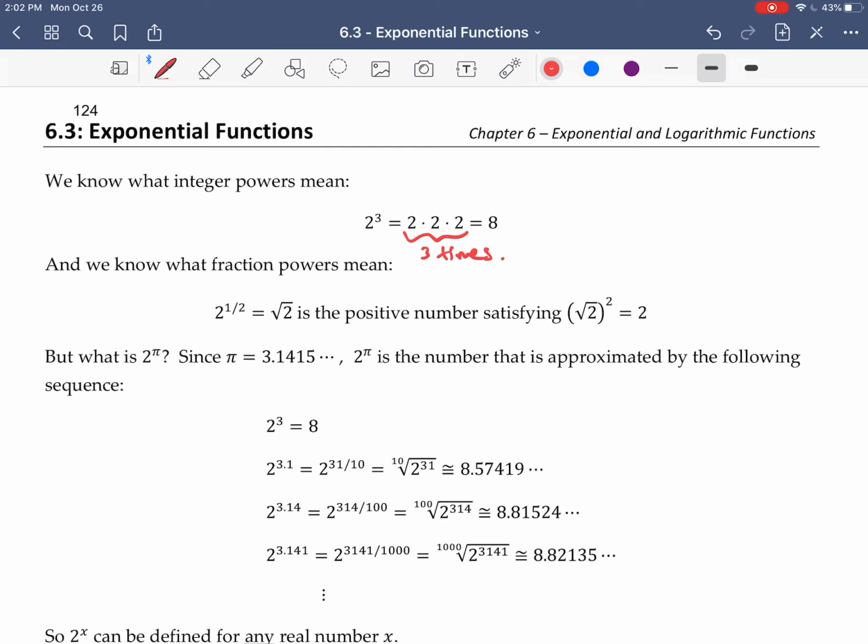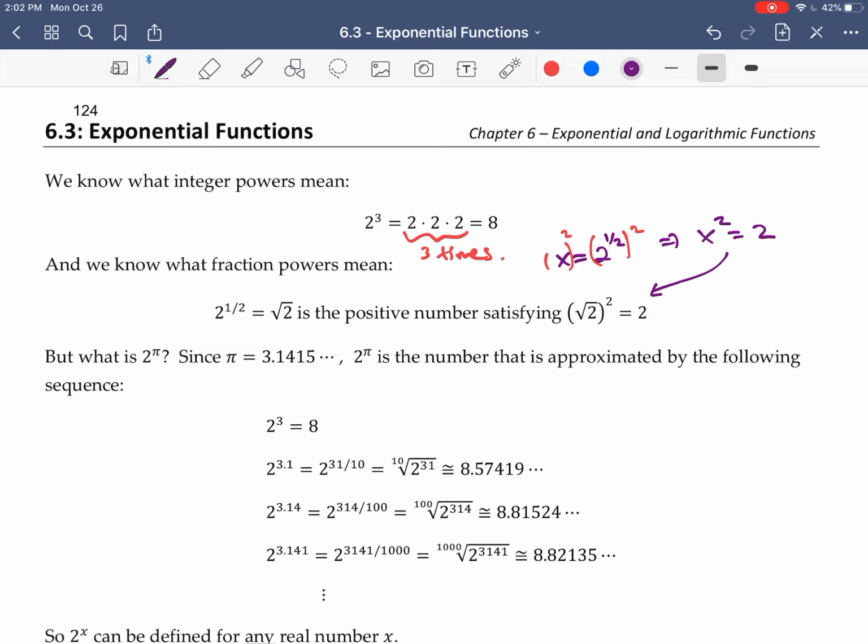Okay, fractional powers, so if I had 2 to the 1/2, I know that's root 2, because if x equals 2 to the 1/2, then I could square both sides, which would give me x squared is equal to 2. And I want the positive number, so that's why it satisfies that equation. But the fractional powers give us roots.